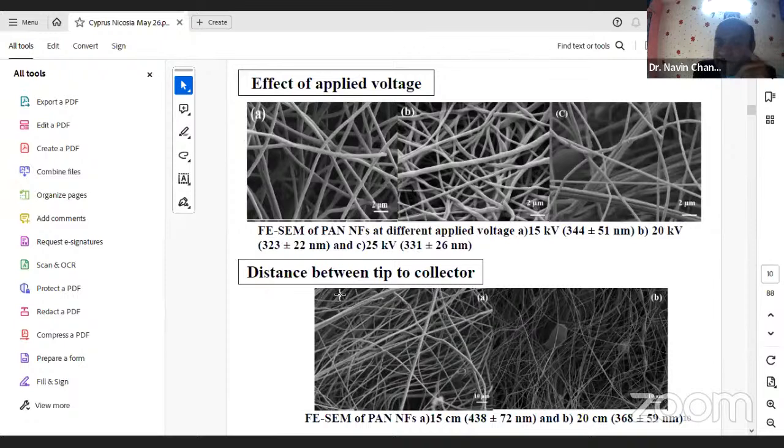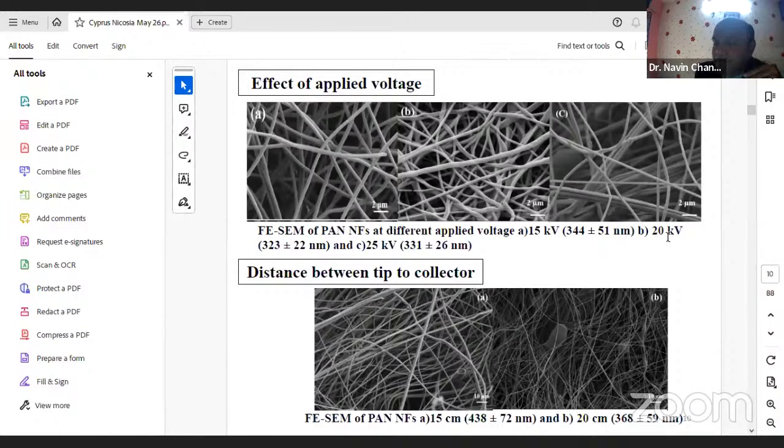Effect of applied voltage. As I mentioned, whatever electrospinning setup we have, the capacity of that setup is a voltage of 10 kilovolt to 30 kilovolt. If we apply 15 kilovolt, it gives 344 plus or minus 51 nanometer fiber diameter.